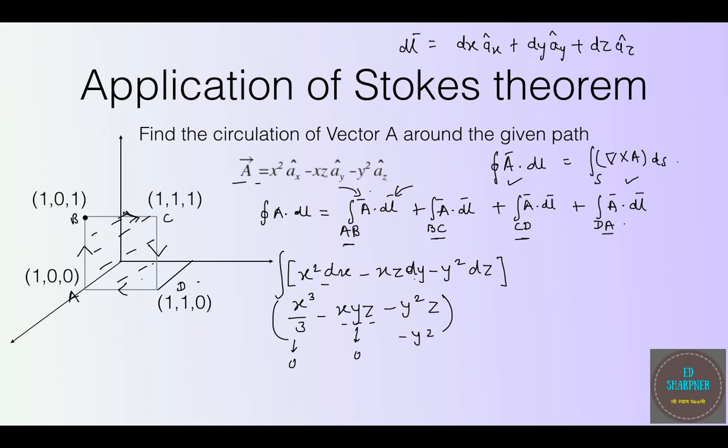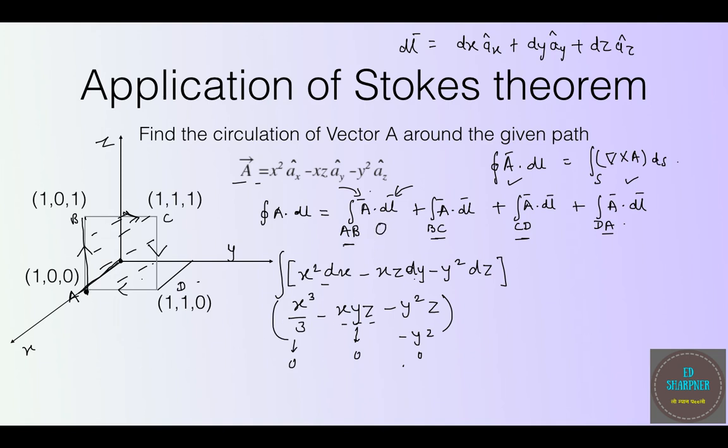And for the path AB, so this is x-axis, this is y-axis, this is z-axis, the value of y on this path is 0 because this is the x-axis and y is 0 for path AB. So we will put y equal to 0. So the integral for a dot dl on the path AB is 0. So I'll write 0 here.